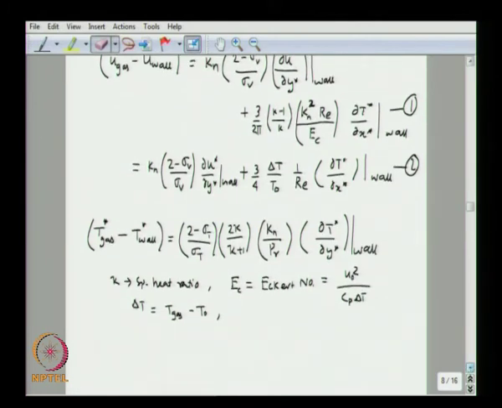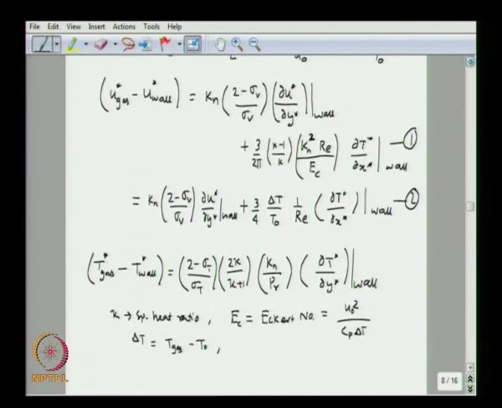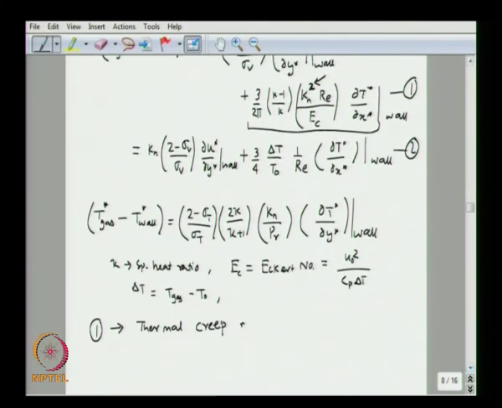So, what we see here, if you look at term 1 and term 2, is that if you increase the Knudsen number, then the thermal creep term becomes more significant. So, thermal creep is more significant if the Knudsen number increases.